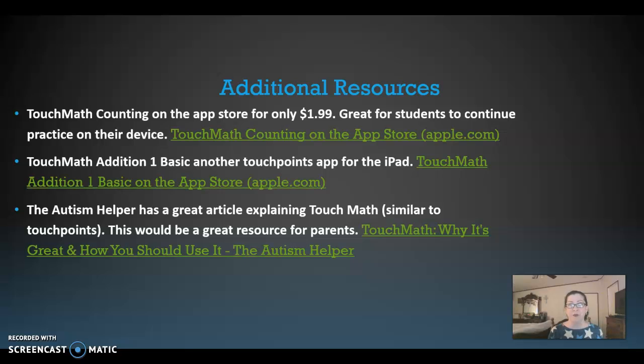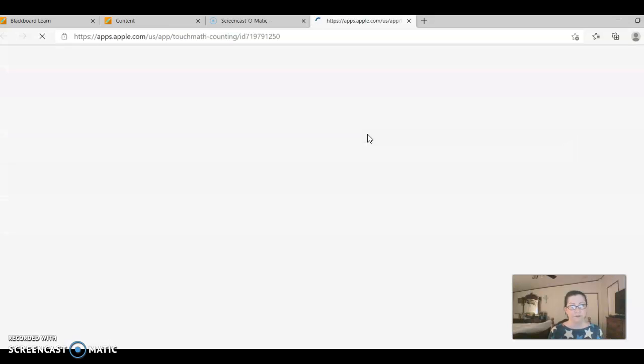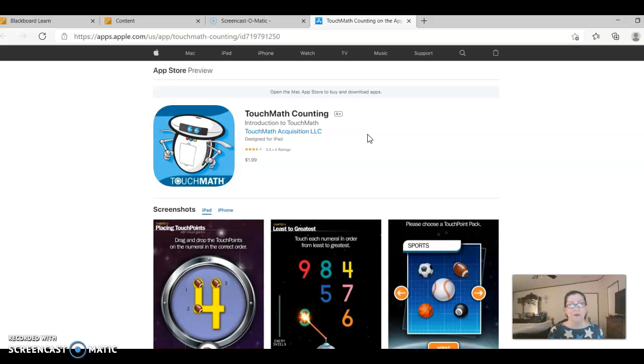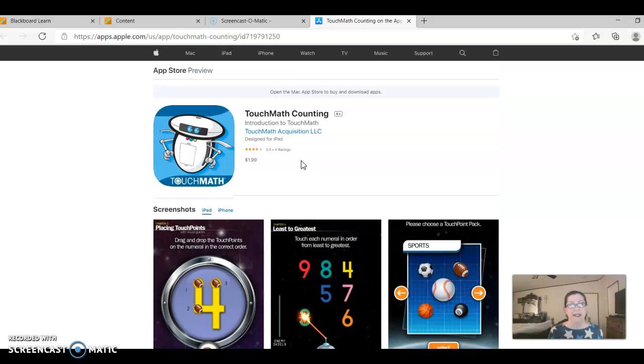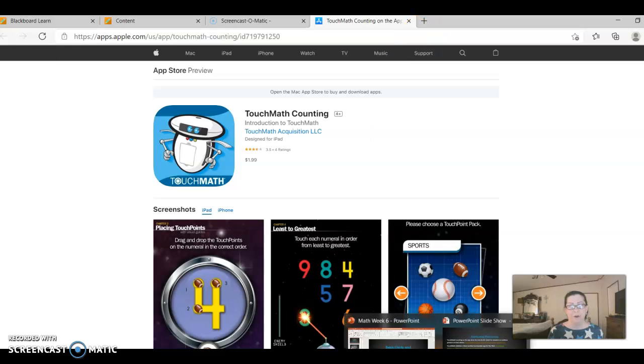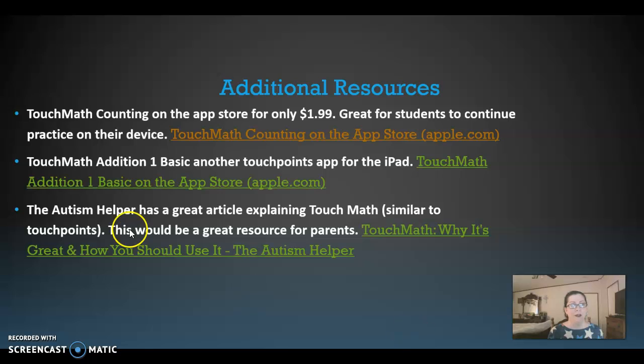And I found some additional resources for apps that work well with touch math, and I'll see if I can show them to you here during this presentation. It takes a minute. So this one is Touch Math, and here are a couple of the screenshots, and you can see it's probably a touch, tap situation where you do the counting. And so that was that one. Let's get back to the PowerPoint.